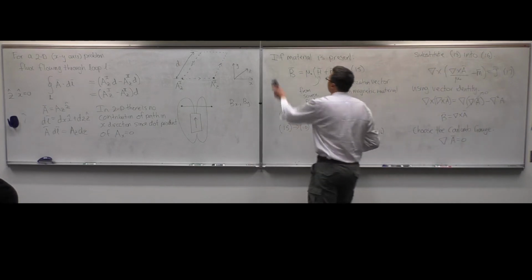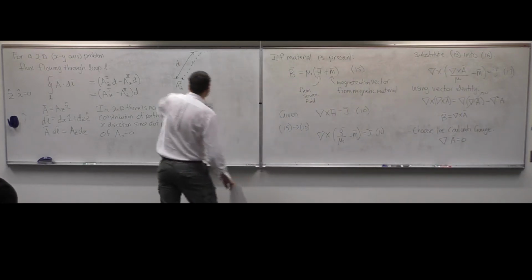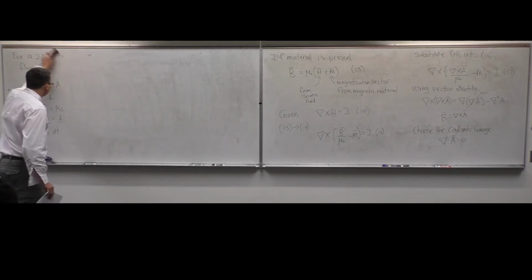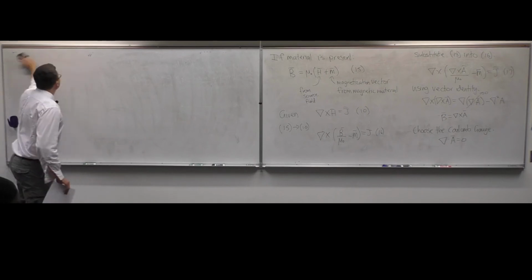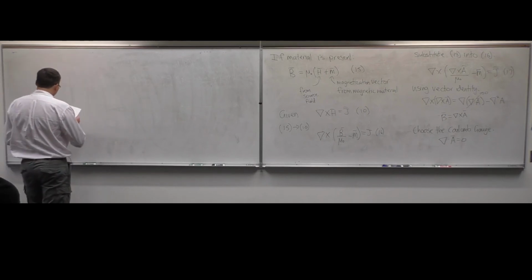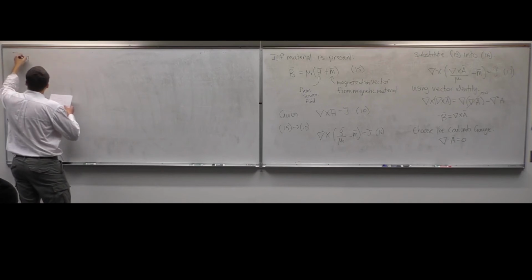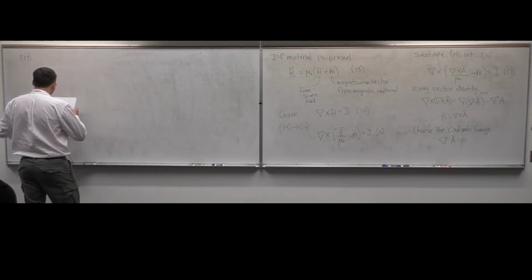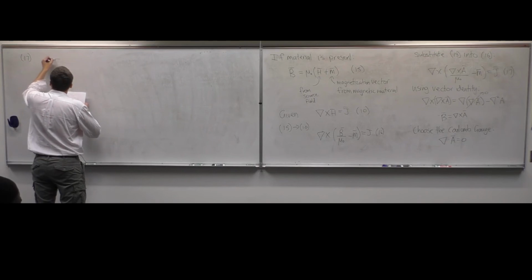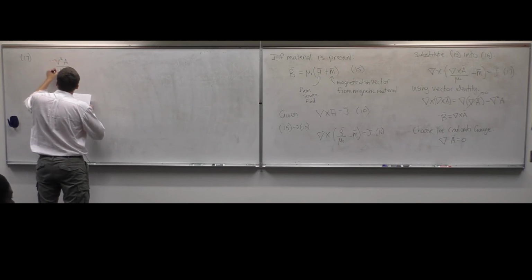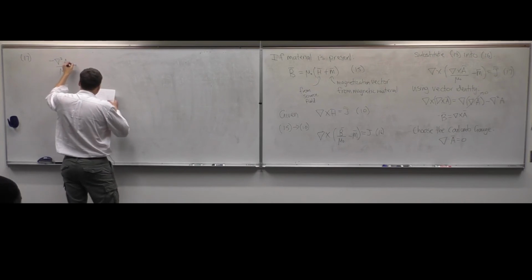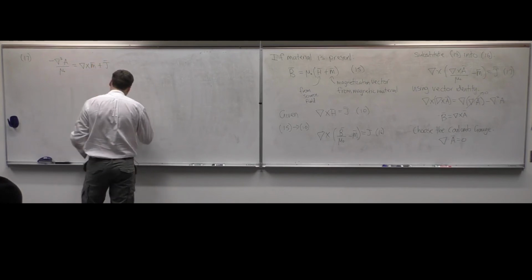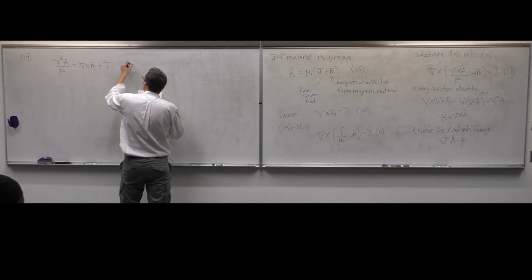So equation 17 then becomes minus del squared A divided by mu naught is equal to del cross M plus J, and that's equation 18.